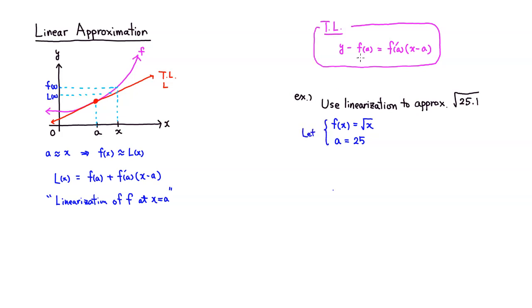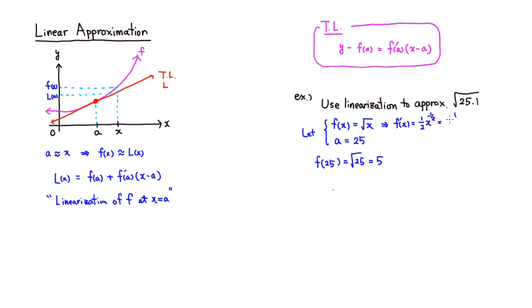We need to find f of a. In this case, a is 25, so f is the square root of 25, which is 5. We also need the derivative. f prime of x: this is a 1/2 power, so put 1/2 in front, and subtract 1 from 1/2 to get negative 1/2.